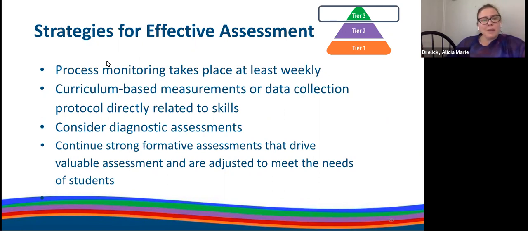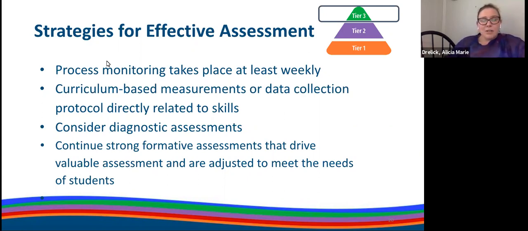At this point, we may want to consider diagnostic assessment by consulting with some of our colleagues who may help us problem solve and think through the assessment process. Again, we want to continue to utilize formative assessment that can drive our instruction and help us effectively meet student needs.